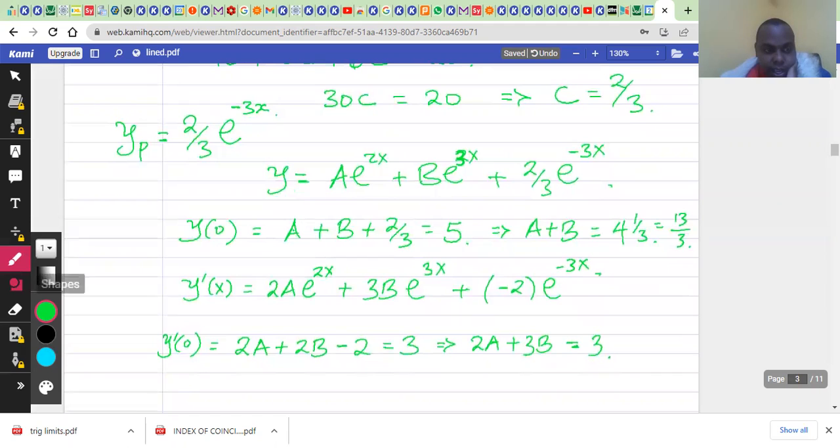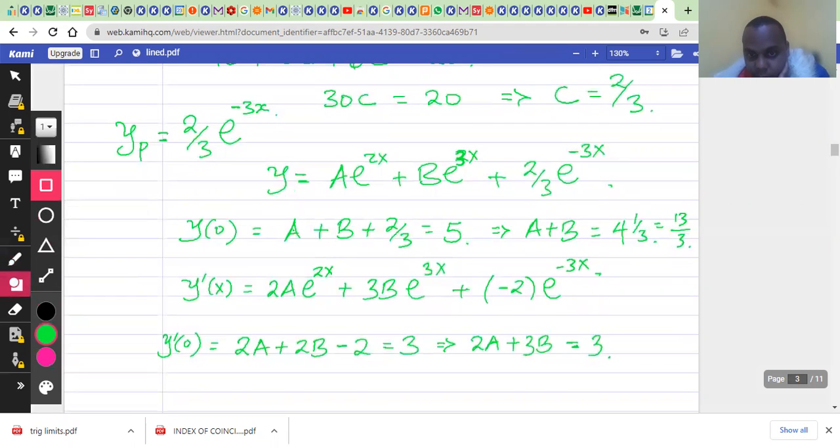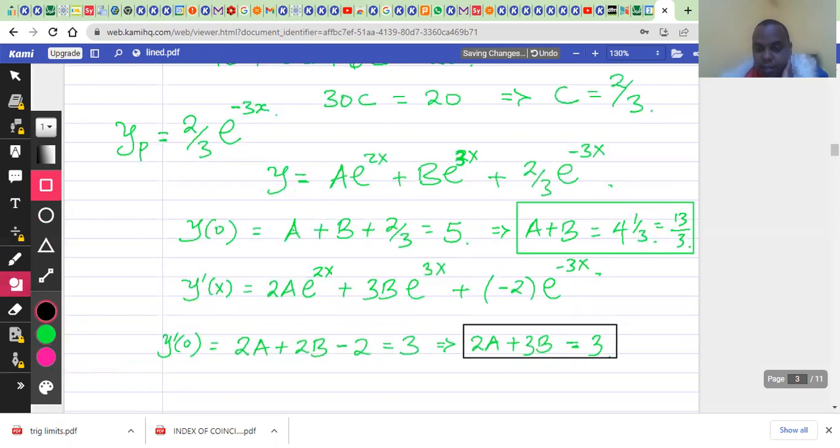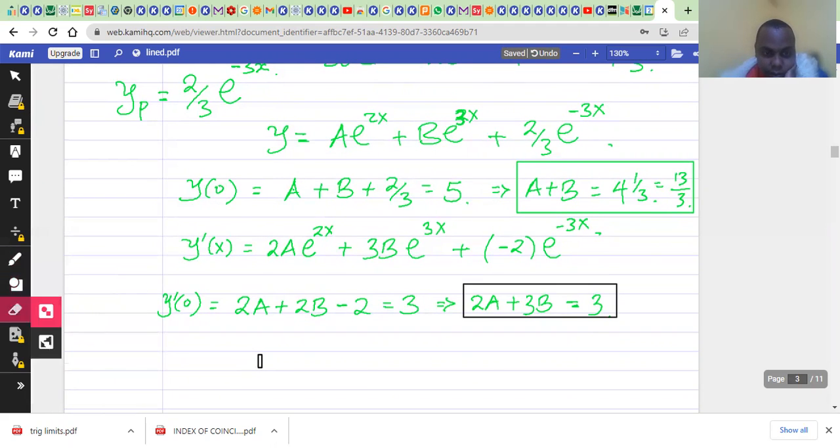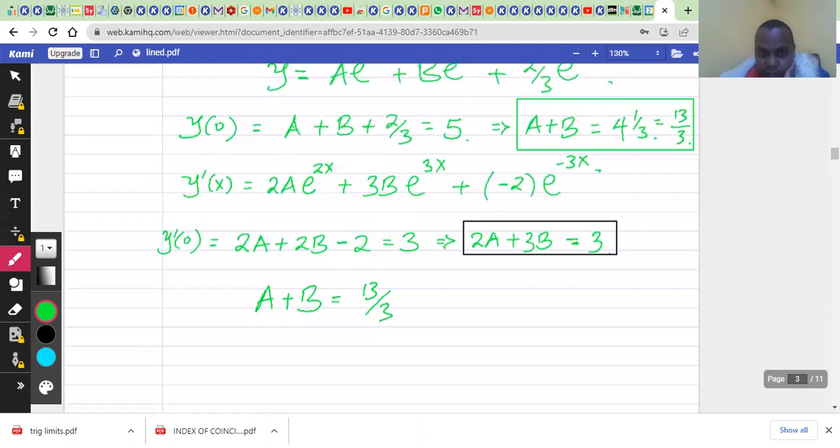So to solve for A and B, we need to get this equation, and we also need this other equation. A plus B equals 13 thirds. And here we have 2/3 A plus B equals 1.